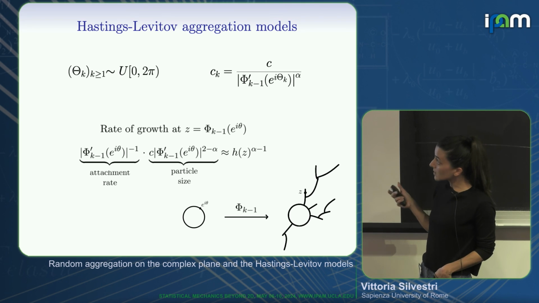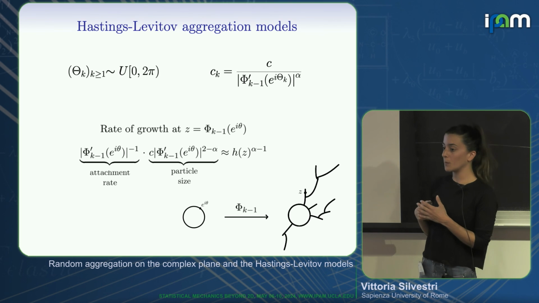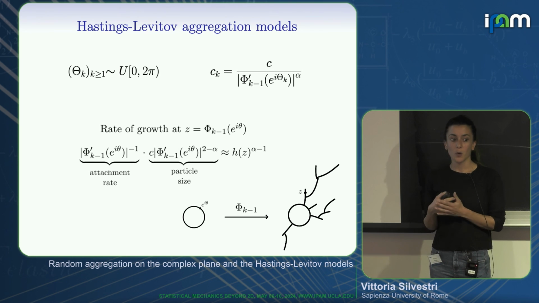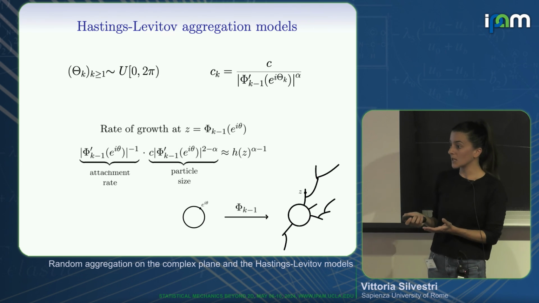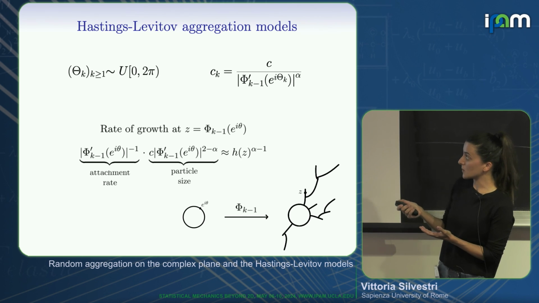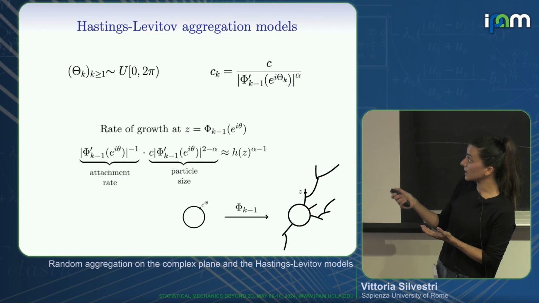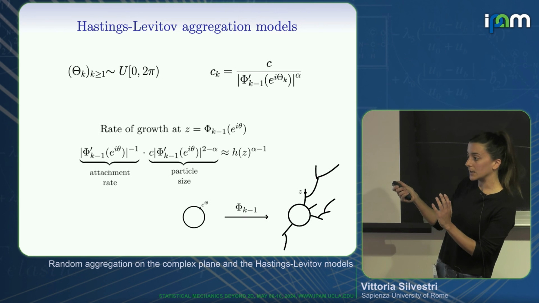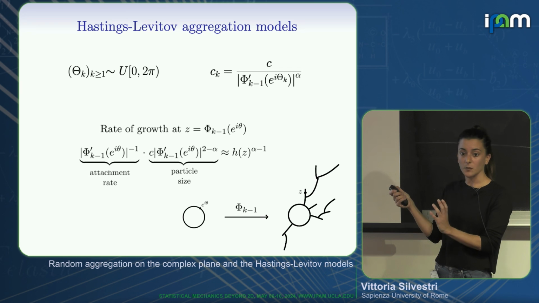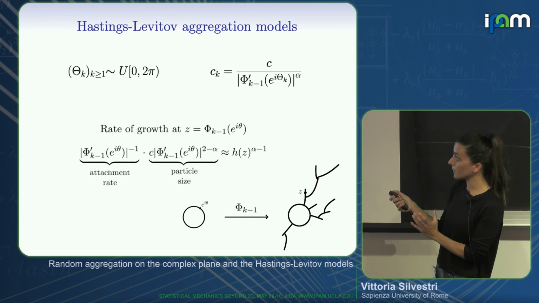So we have a class of growth models in which, in order to build a cluster with n particles, we compose n random conformal maps. The randomness comes from the attachment angles, which are IID uniforms, but the particle sizes are chosen in this complicated way. And the alpha here regulates how much you're trying to compensate for the distortion intrinsic in the model.